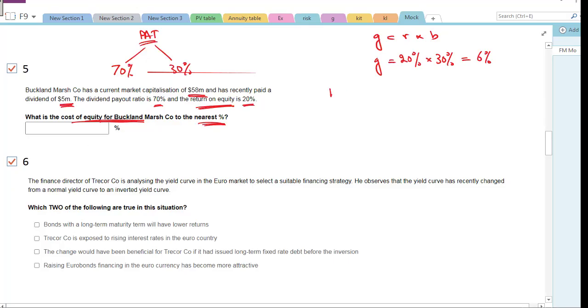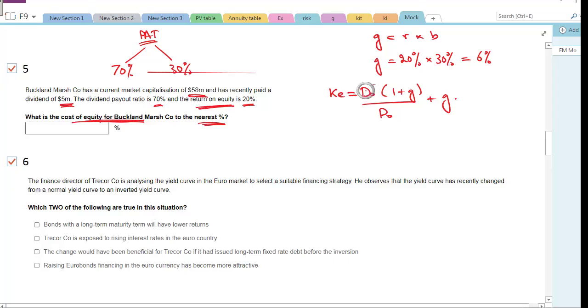Now, the cost of equity formula is D naught into 1 plus the growth rate, divided by P naught, plus the growth rate. Now, you might be wondering that we have the dividend not given per share over here, and instead of the price of the share, you are given the total market value.